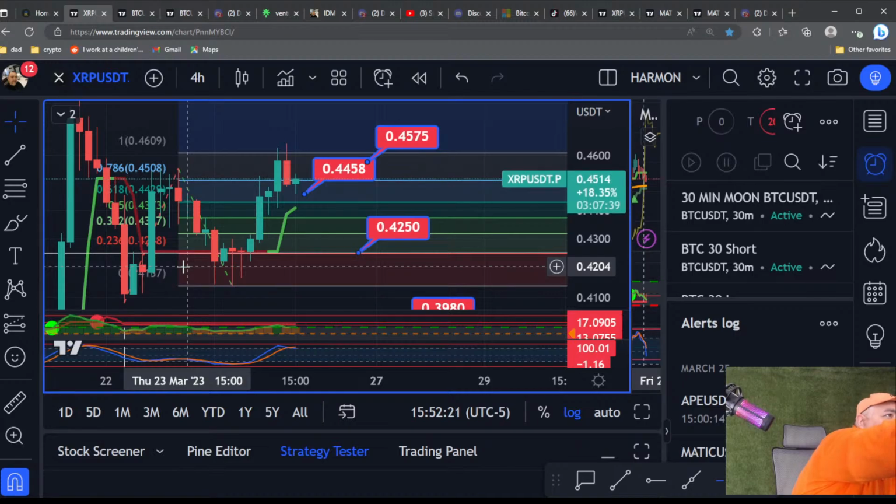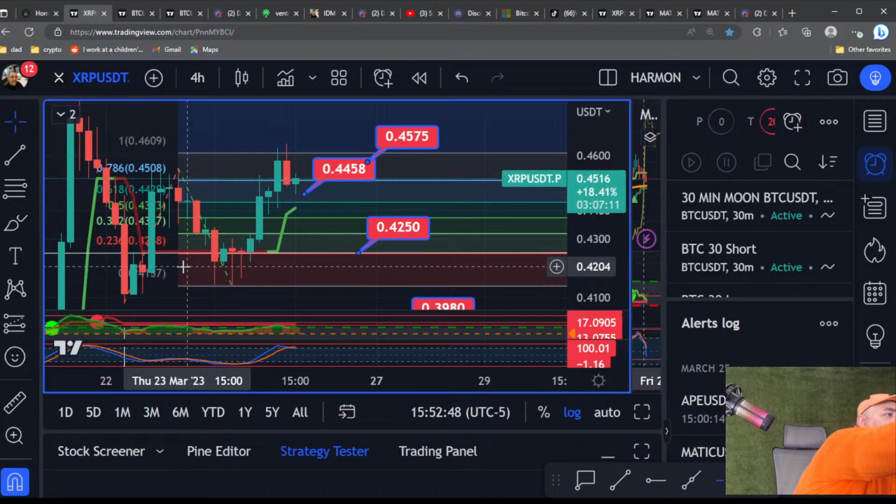Once they sell, that's the end of a lot of the money that is available for XRP. So right now, it looks like XRP is having a problem breaking the 786, which means it's probably going to go into a short here. So right now, we should be looking at XRP and getting ready for these Fibonacci's to reverse.